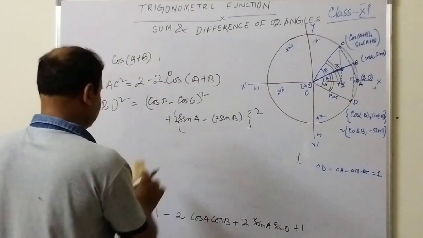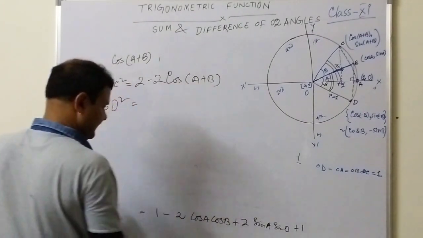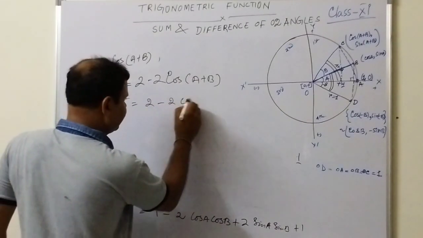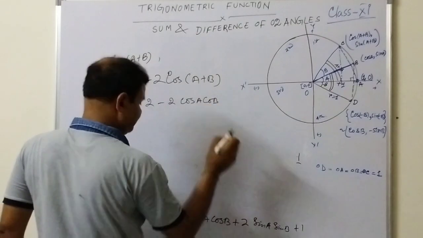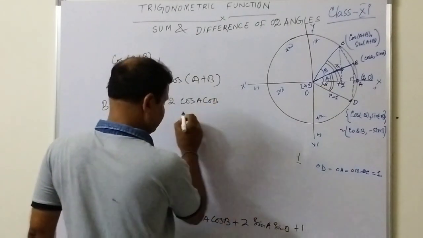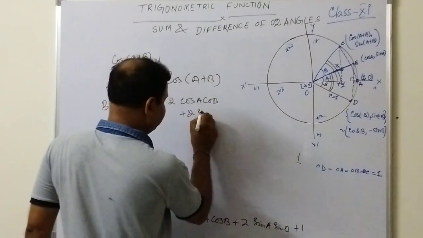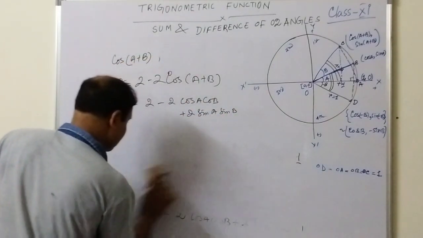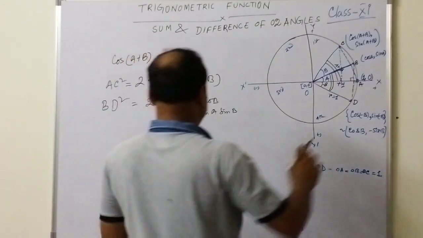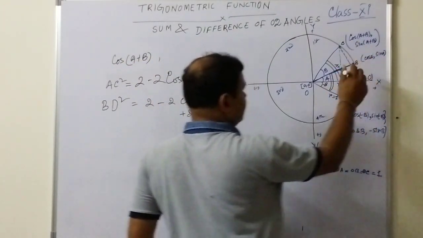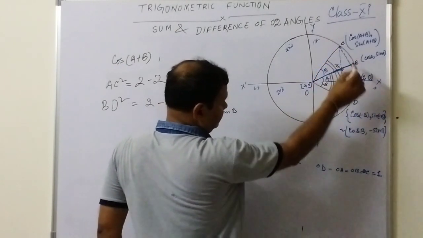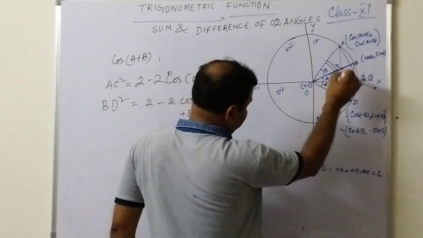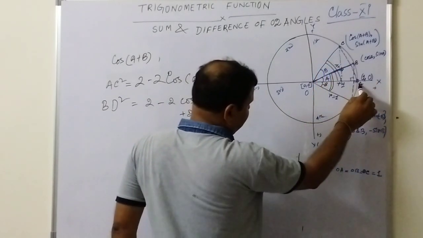Okay, so this is coming 2 minus 2 cos A cos B plus 2 sin A sin B. Now, as I told you earlier, because of this arc, the arc AC, this angle is A plus B, so the arc length will be the same.